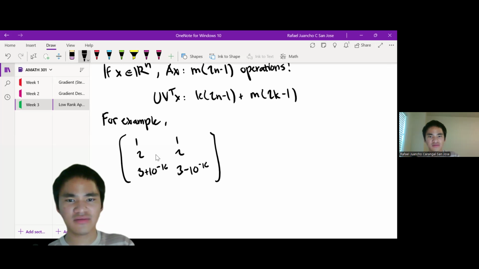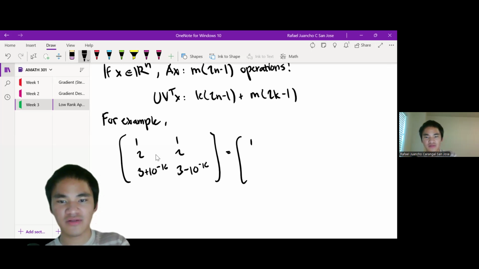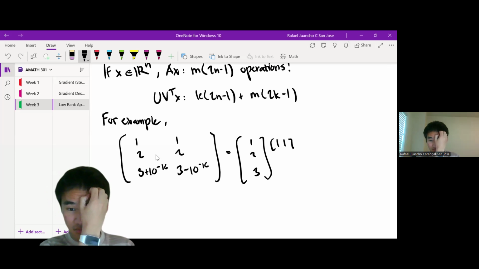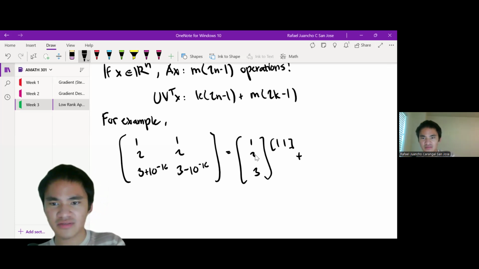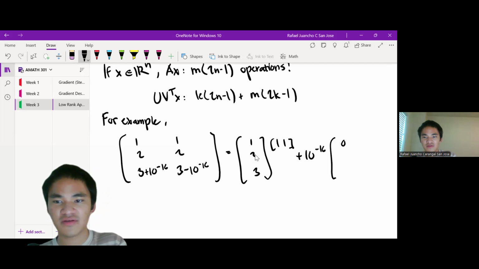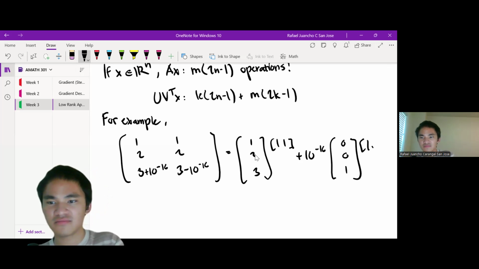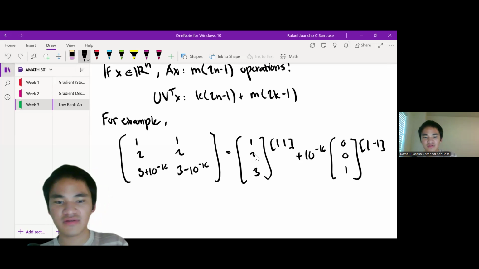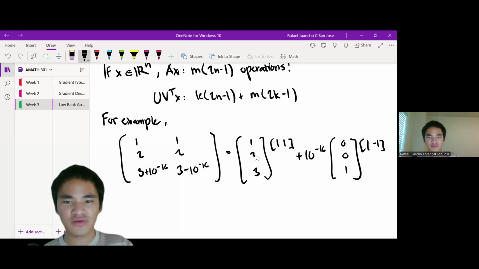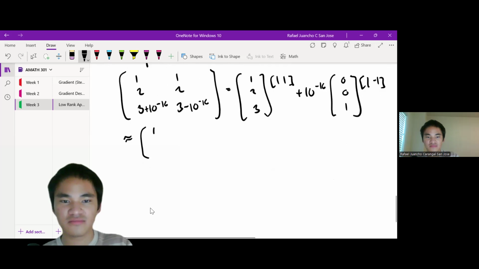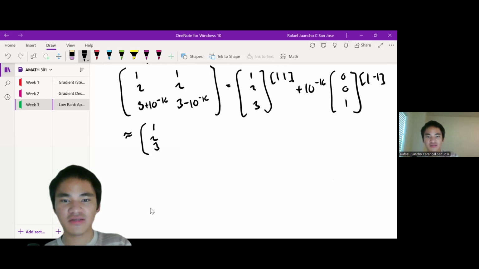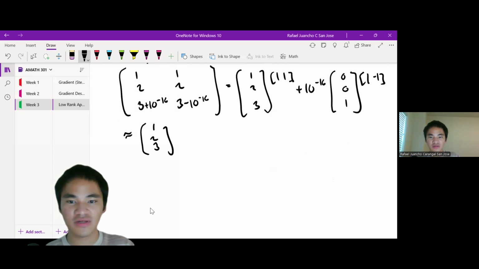Then I do a low rank approximation. I could simplify this: we have 0, 0, 1, and then 1, negative 1 for my row vector. So who cares if 10 to the negative 16 is small? We just don't care pretty much.